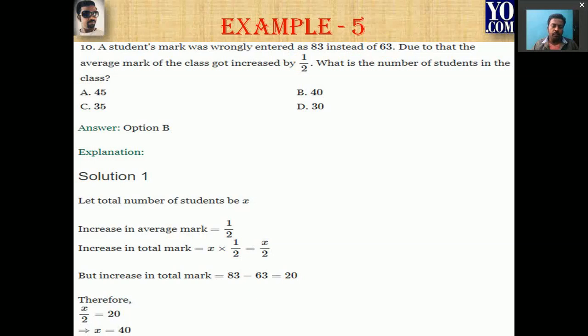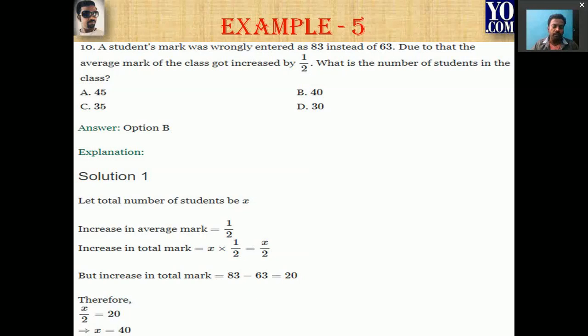The explanation is: let the total number of students be x. The total number of students we are going to calculate, that is x. The increase in average mark is 1 by 2.